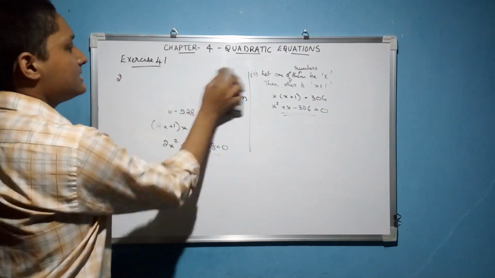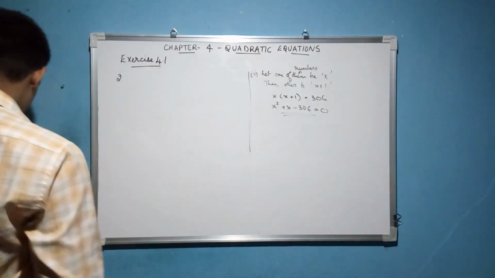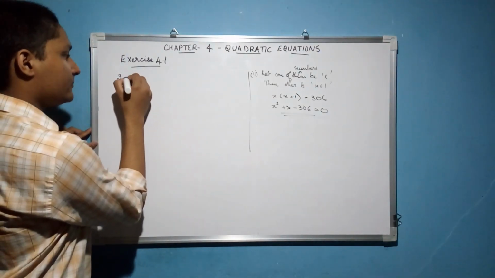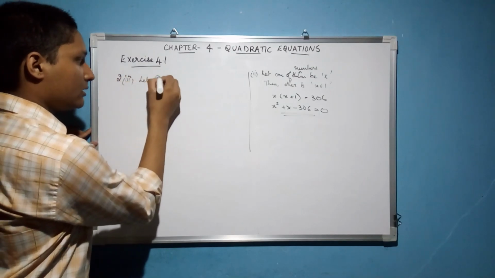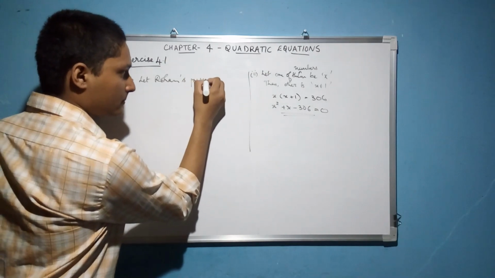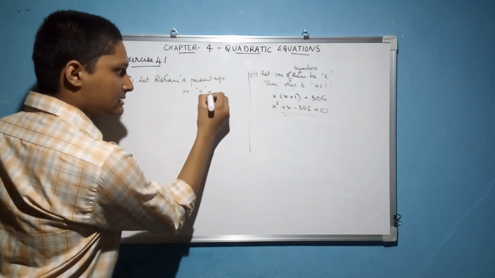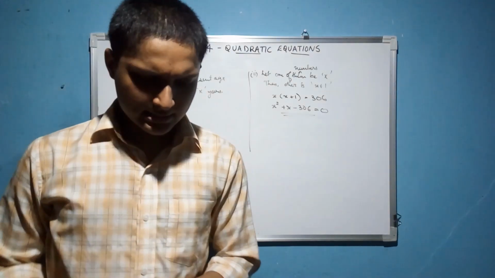So what we need to consider to be x is Rohan's age, because we need to find Rohan's age. Let Rohan's present age be x years.